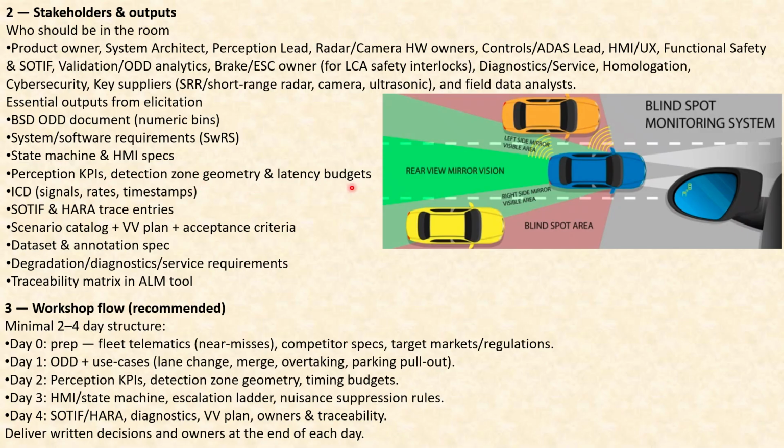This is important, latency budget, because the smaller the latency, the more costly the equipment will become. ICD, signals, rates, timestamps, SOTIF and HARA trace entries, scenario catalog, verification validation plan plus acceptance criteria, dataset annotation spec, degradation diagnostic service requirements, and traceability matrix in ALM tool.